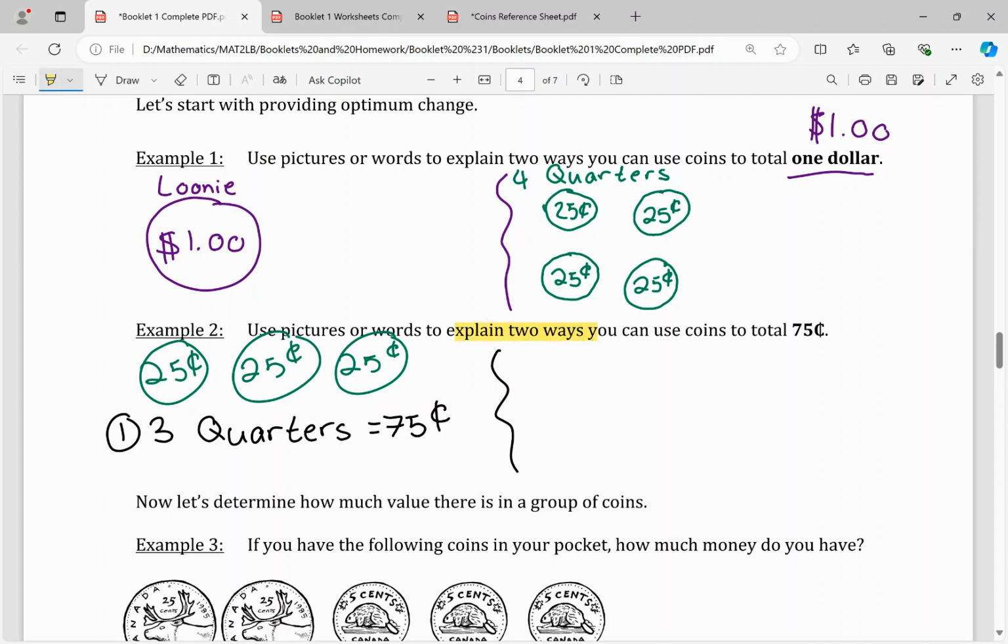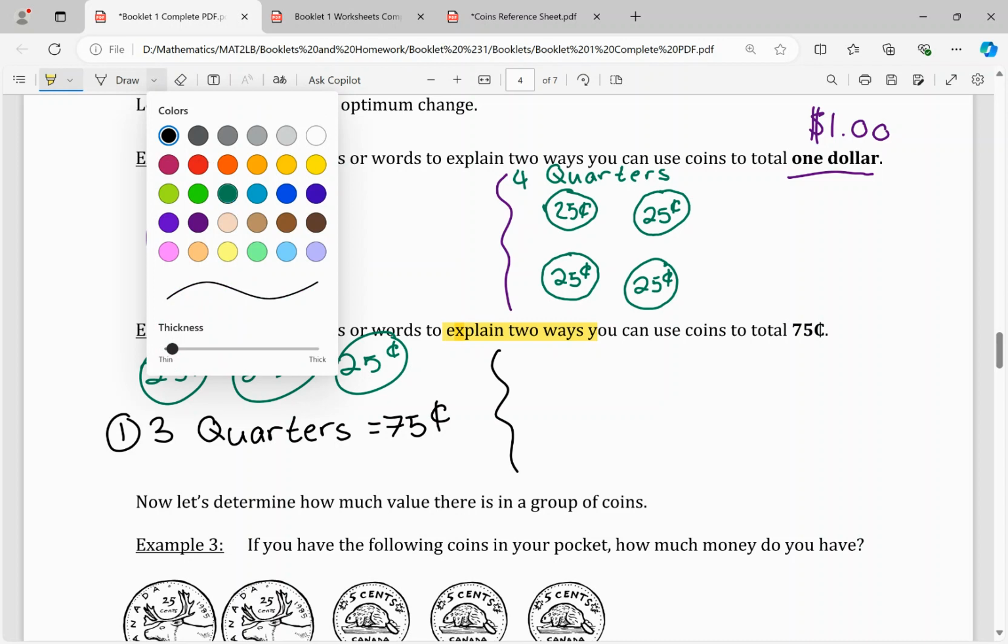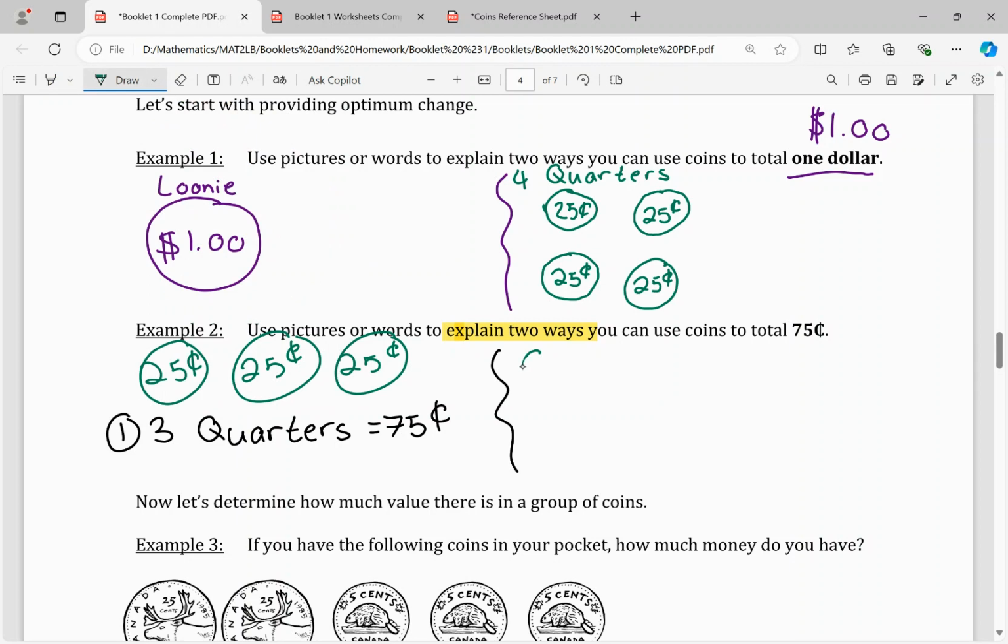I need a different way to total 75 cents. So it can't be the exact same, but it can be similar, right? So maybe I will want to use 2 quarters instead of 3.